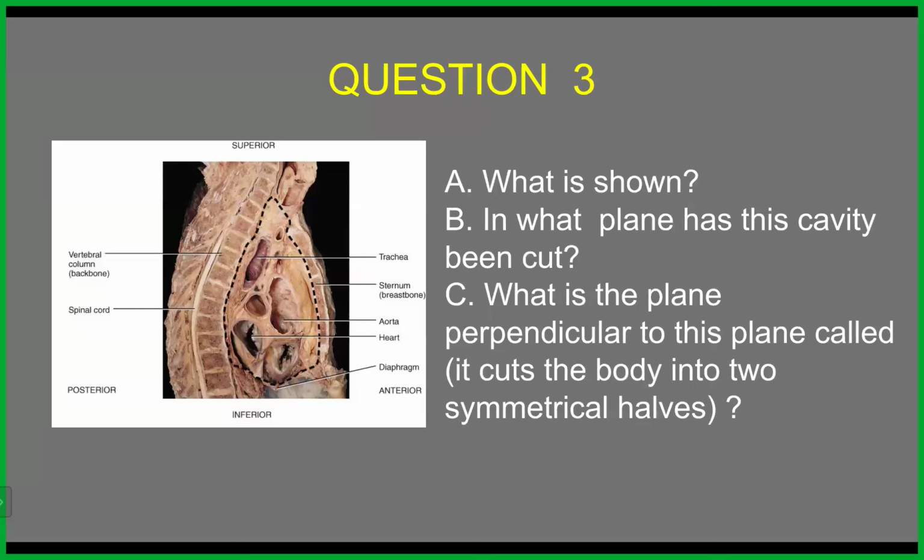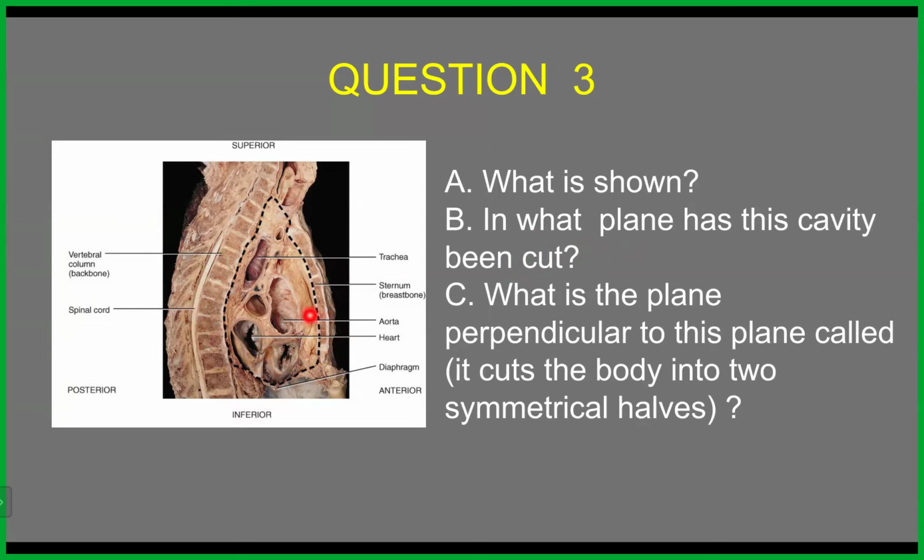What is shown in the image? And the second question is, in what plane has this cavity been cut? So you can see that you're looking at a section of the upper trunk, because there are labels here to enable us to identify. We are told that this is the vertebral column of the body, and that's the spinal cord.